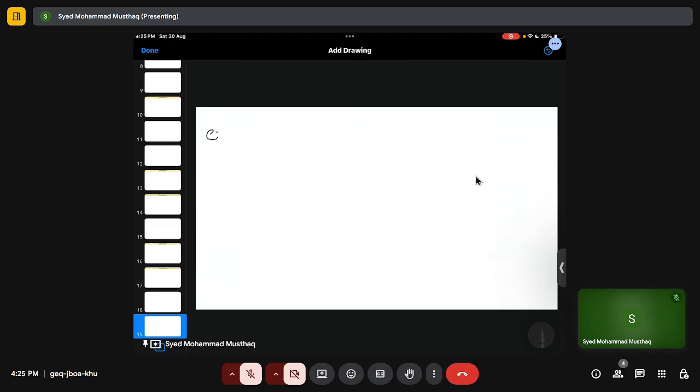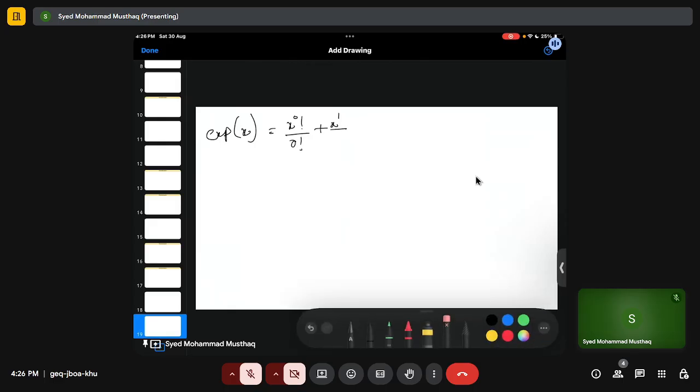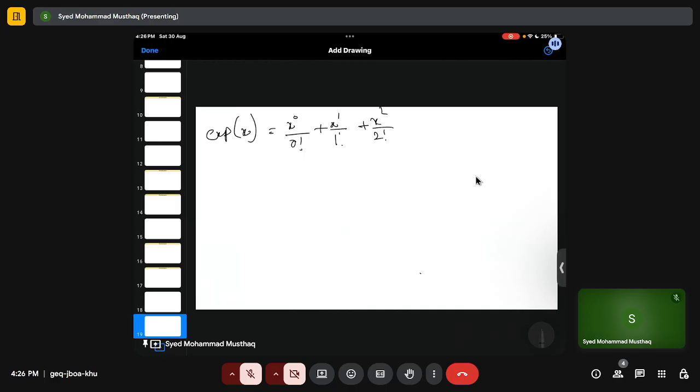If you expand the exponential, it will be x power 0 upon 0 factorial plus x power 1 upon 1 factorial, just x, plus x square upon 2 factorial, x cube upon 3 factorial, and so on.